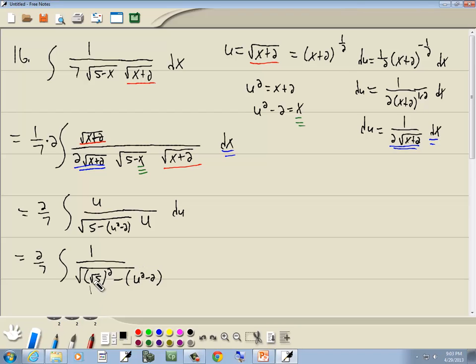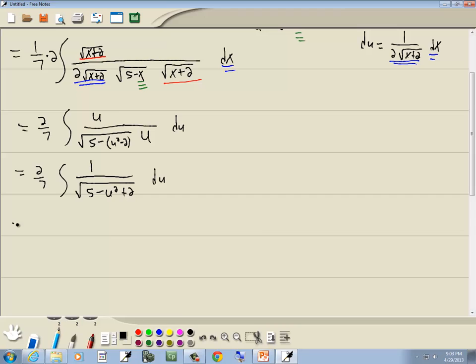I'm all messed up. About time to go to bed, I guess. Okay, let's try it again. So that's 5, and this negative flips the sign of everything, so it becomes a negative u squared plus 2 du. Which gives us, I tried to jump the gun on that one, 5 plus 2 is 7, so we're going to have 7 minus u squared du.